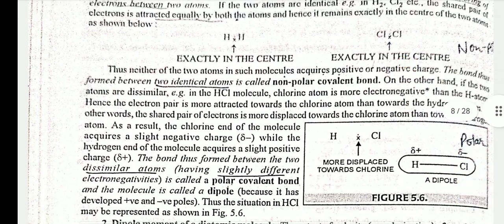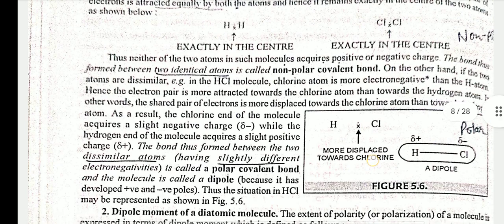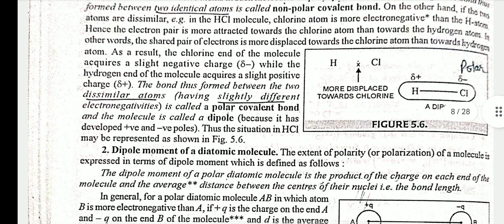As a result, the chlorine end of the molecule acquires a slight negative charge while the hydrogen end acquires a slight positive charge. The bond thus formed between two dissimilar atoms having slightly different electronegativities is called a polar covalent bond, and the molecule is called a dipole because it has developed positive and negative poles. Thus, the situation in hydrochloric acid may be represented as shown in figure 5.6.